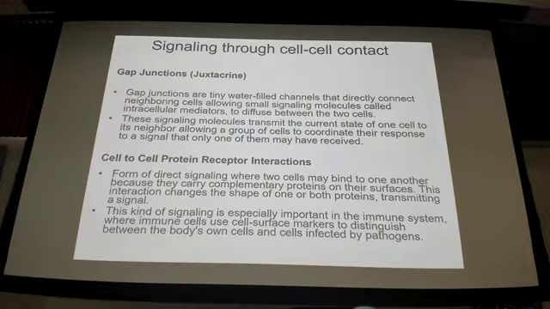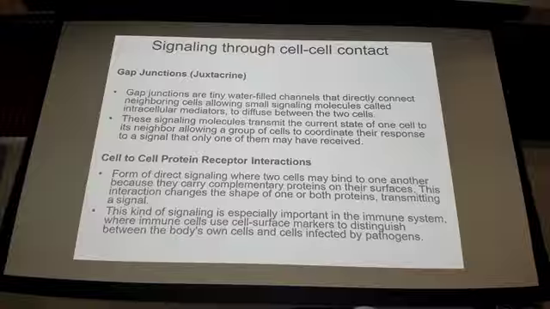And we have cell-to-cell contact, 2 types: gap junctions, which are small water-filled channels that directly connect cells together, so it allows intracellular molecules to easily diffuse to other cells to signal a particular response.